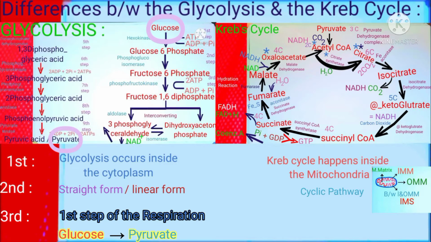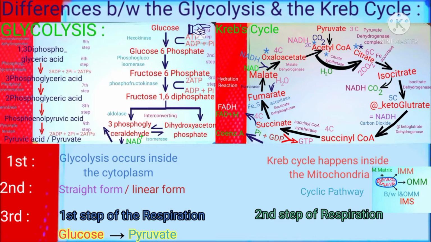On the other hand, the second step of respiration is the Krebs cycle, during which the end product of glycolysis, that is pyruvate, is taken, which is converted to active acetyl coenzyme A, that is also gradually broken down completely to oxaloacetate. So we can say that during respiration, glycolysis is utilized first, whereas the Krebs cycle is utilized second.